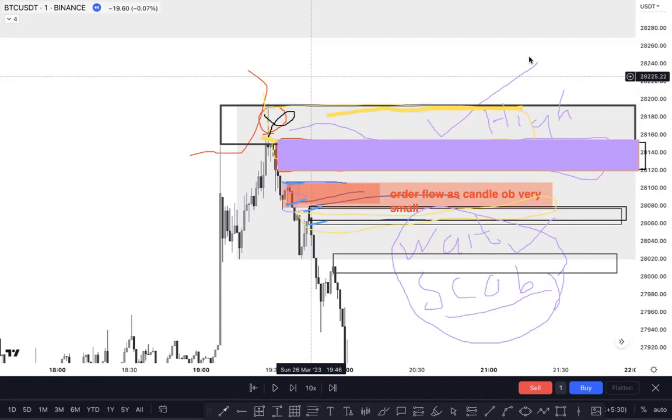So you can simply play on the extreme, right? Extreme is always high probability. So when the market taps your extreme, then you can take risk. Okay, when the market taps your decisional, you have to wait for additional confirmation like a single candle order block, CHoCH, and flip, that type of confirmation.